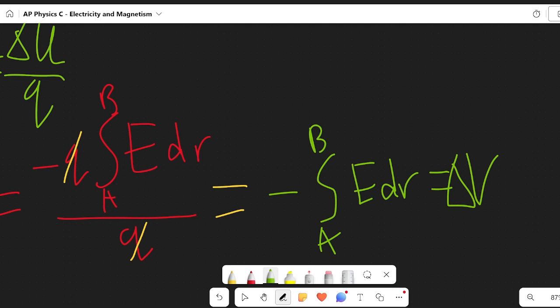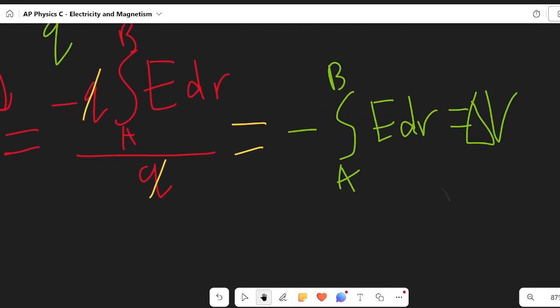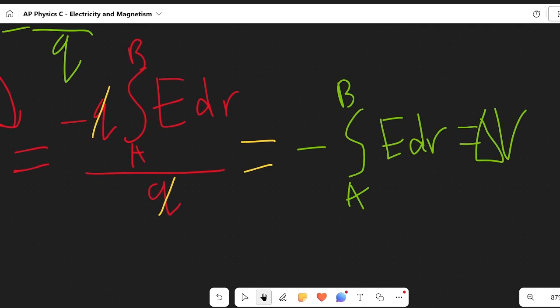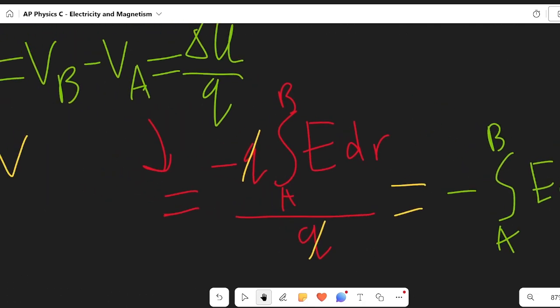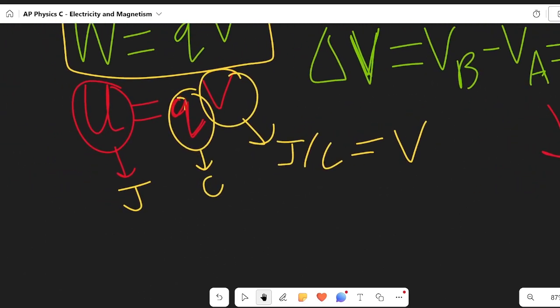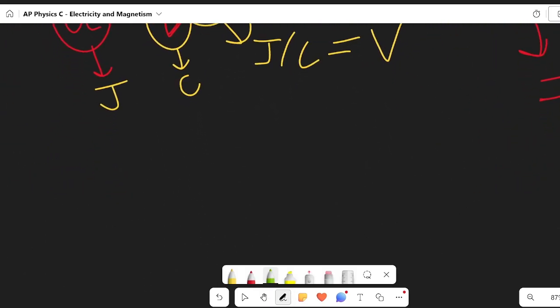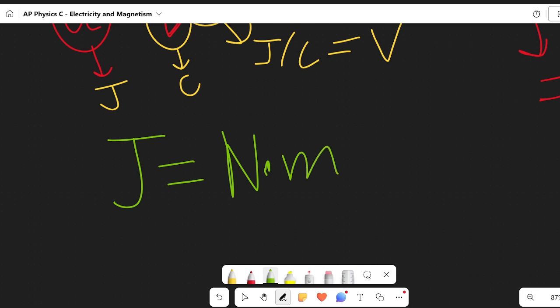Now we know potential due to a point charge, we will have an equation based off of this. But remember that volts are in the unit joules per coulomb. Just for more unit analysis here, joules are equal to newtons times meters.